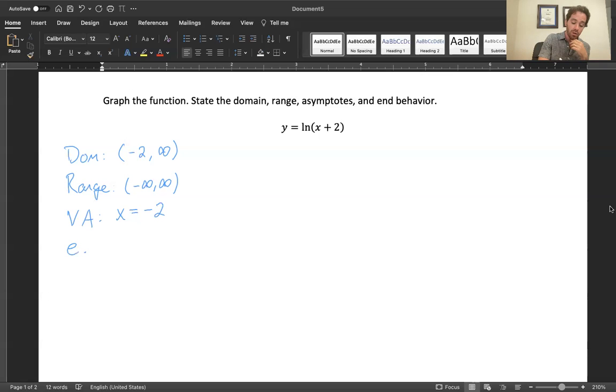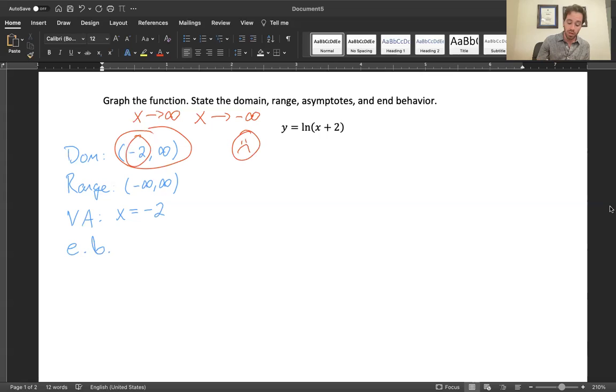The end behavior, remember, is a little weird for log functions because x can't go to infinity in both directions. It has an endpoint, and it's based on the domain. X can go to infinity just fine, because look, it goes all the way to infinity. But what x can't do is go to -infinity. That's impossible, because it only goes to -2.